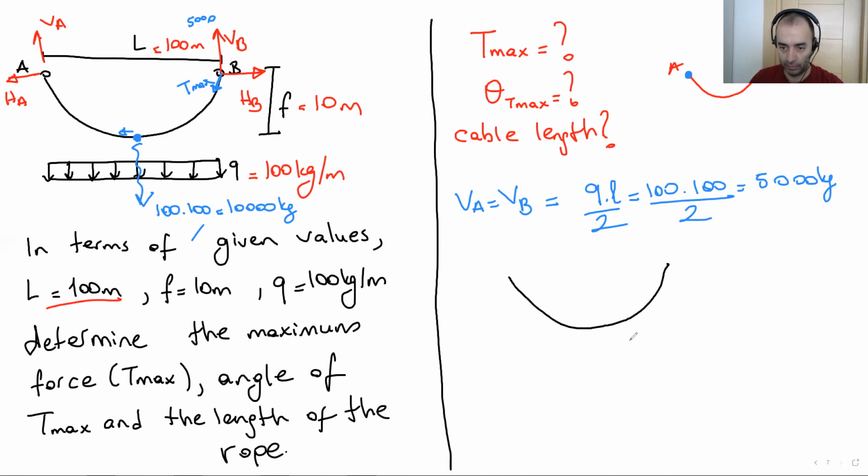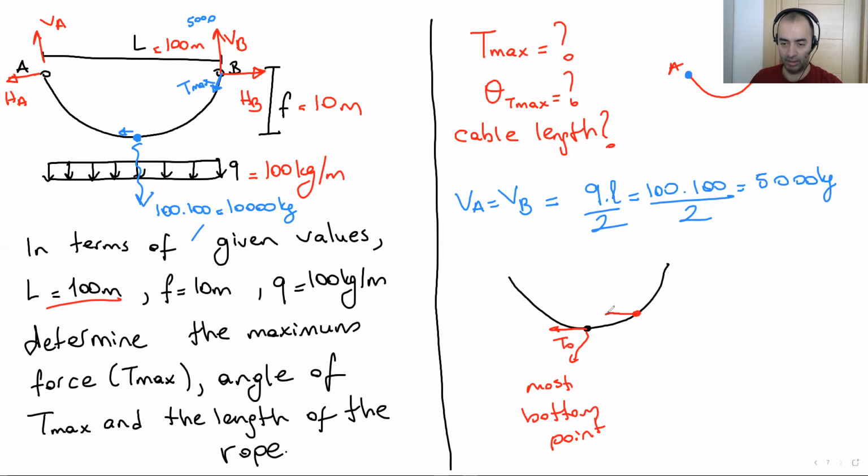Here we have a cable, and we are now at this point, T0. This is the most bottom point, so we have only horizontal loading on the cable, which is the minimum tension load. If we go a little bit right or left, it's the same.